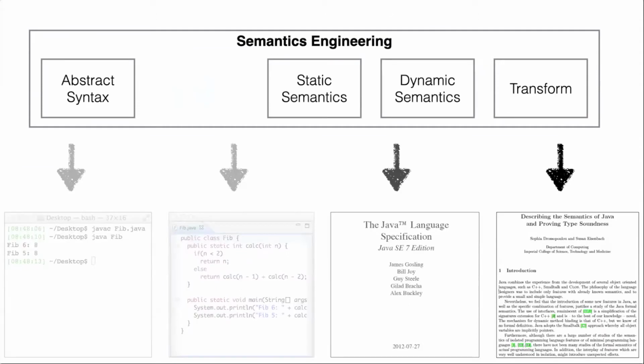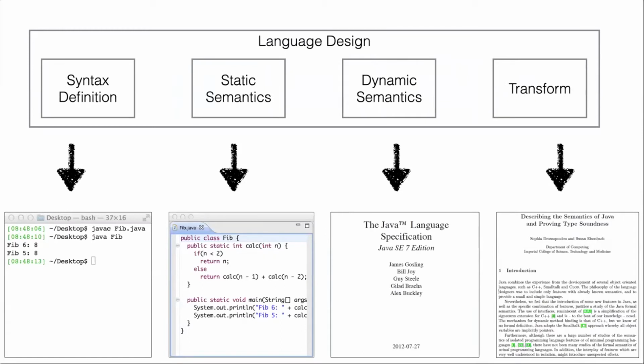On the other hand, in the semantics engineering field, people are working on formalizing language definitions and proving things about the properties of languages. And there you have another set of formalisms to describe languages. So what I would like to see is a unified approach to this, where we specify a language design, so the syntax definition, static semantics, dynamic semantics, transformations, at a high level, and generate all these artifacts from such a language design.